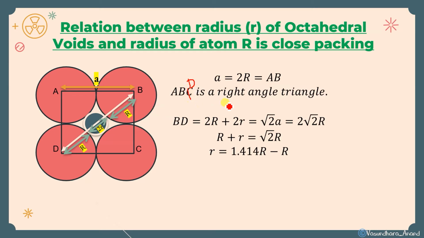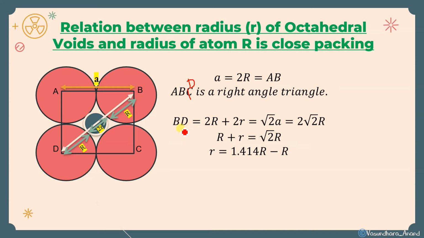ABD is a right angle triangle. In this, BD is the hypotenuse. So that will be equal to root under this square plus this square, isn't it? So can I write this BD as 2R plus 2R? This is R, this is R, so 2R and plus this 2R. And BD is the hypotenuse.